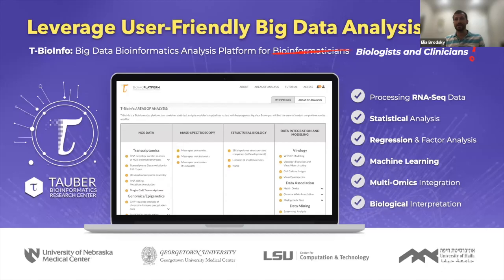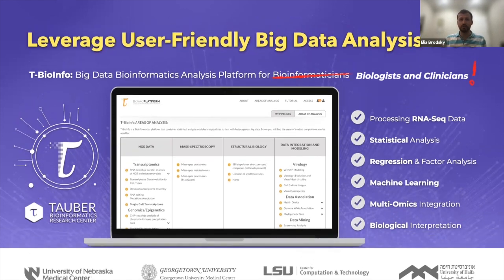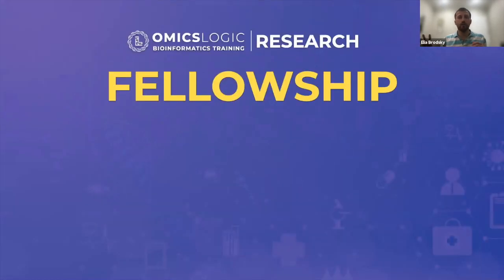And so what's important is that we have this platform that allows big data processing, different types of statistical methods, regression and factor analysis, machine learning, multi-omics integration, and biological interpretation. As a result, as we mentioned, now we are going to talk about this fellowship.